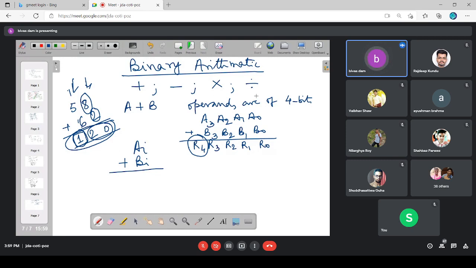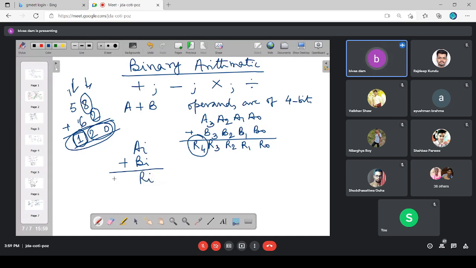Okay. Now in each stage, I'll be dealing with one particular ith bit of A and the similar ith bit of B. So Ai plus Bi should be added. After addition, I'll be getting the result, that is Ri.